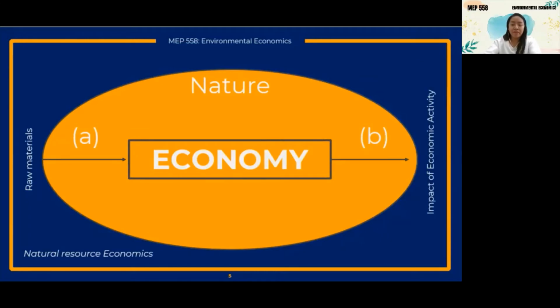The study of the residual flow and its resultant impacts on the environment comes under the heading of environmental economics. These are our studies on the impact of the residuals coming from our production and consumption.